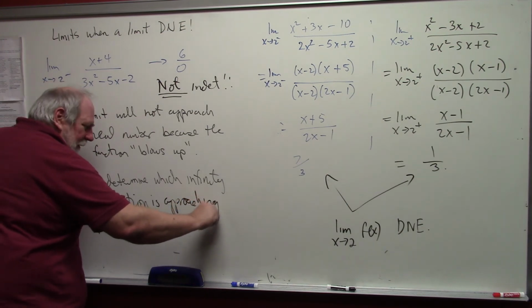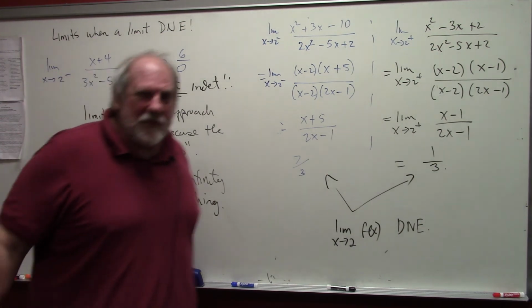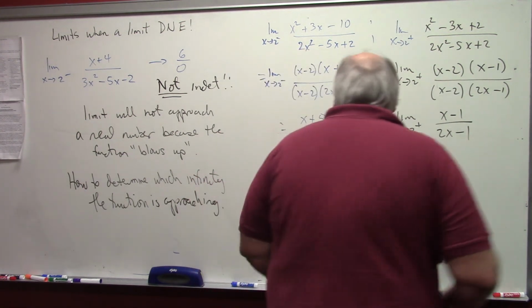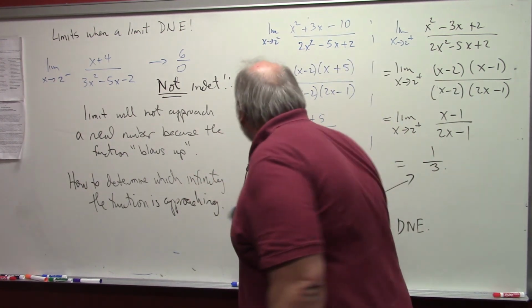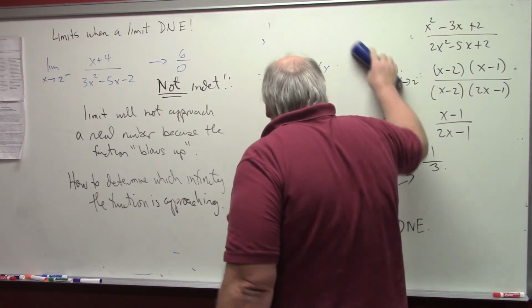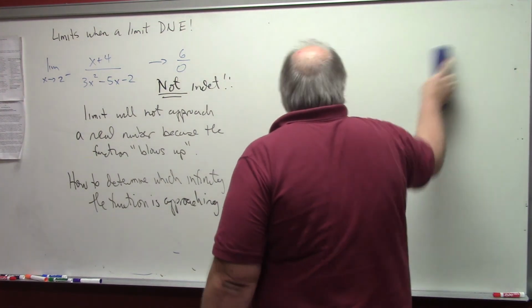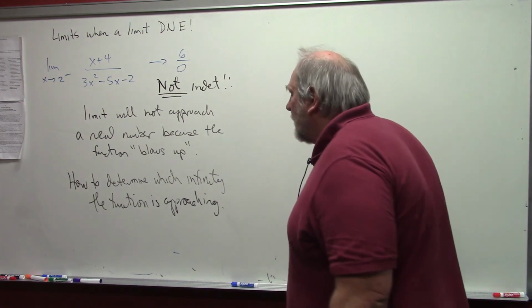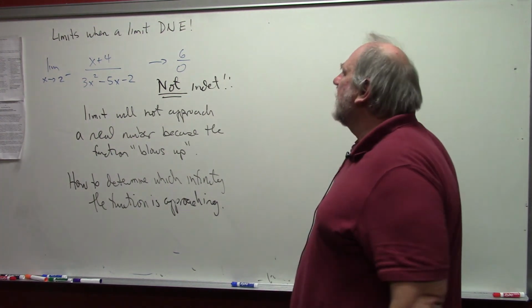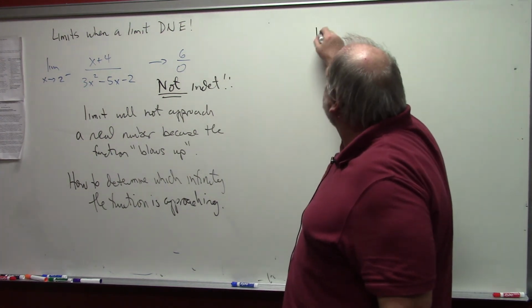Did you catch that? This is not what is done in the book, but this is what I expect you to do. So, I know that this is going to be infinite because, again, my denominator is approaching 0, my numerator is not.